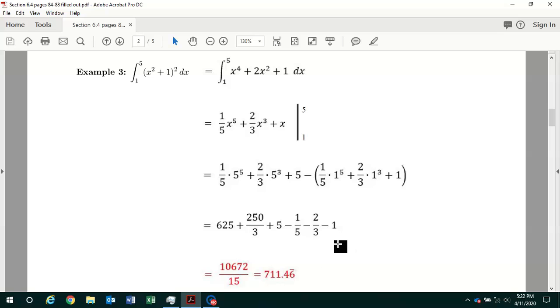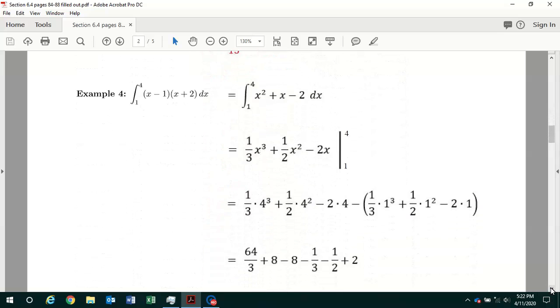And then when we find a common denominator and simplify, the exact answer for the definite integral is 10,672/15, which as a decimal is equal to 711.46 with the 6 repeating. So this is the final answer for our definite integral.